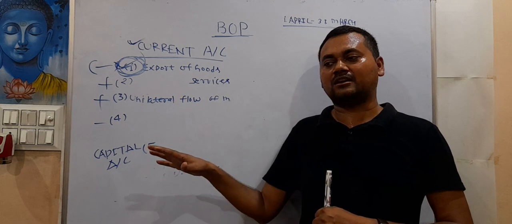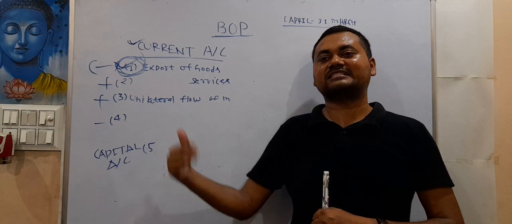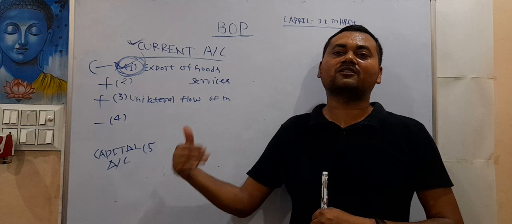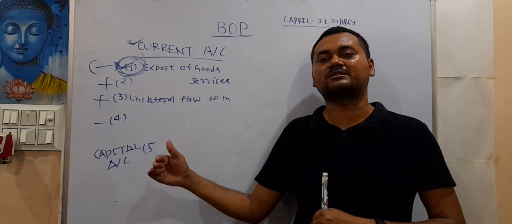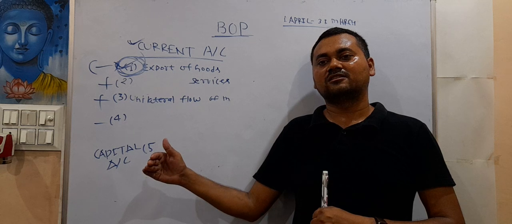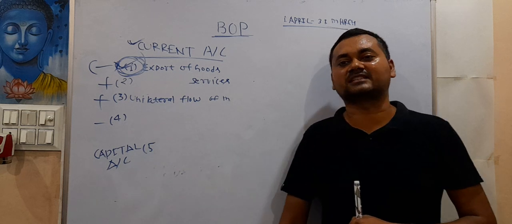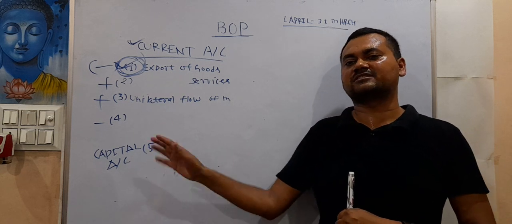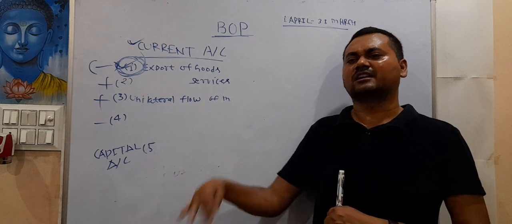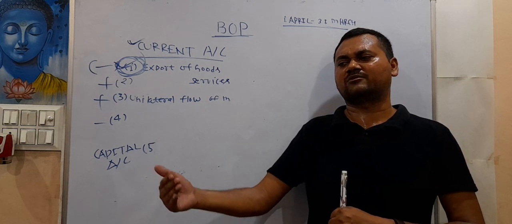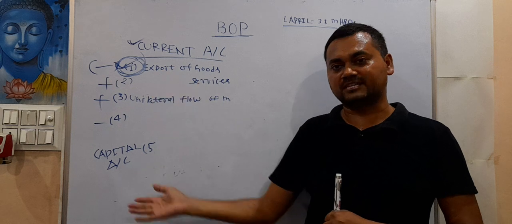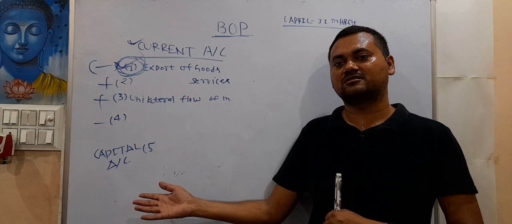And in the capital account, there is a limit decided by the Reserve Bank of India that you cannot have transactions beyond a certain percentage. This percentage is different for different things. That's why in FDI, you may have heard that in certain sectors only this much FDI is allowed.